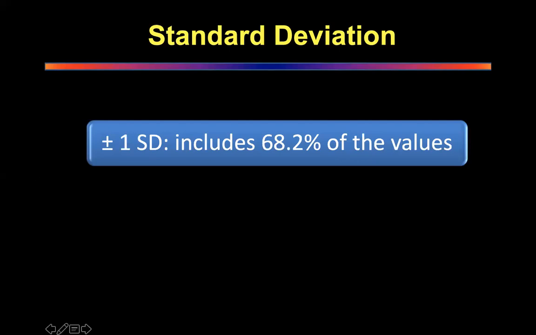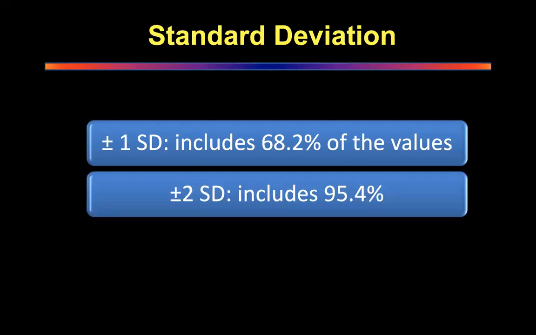If you do a +2 standard deviation, 95.4% of the population or variables will lie within that standard deviation.